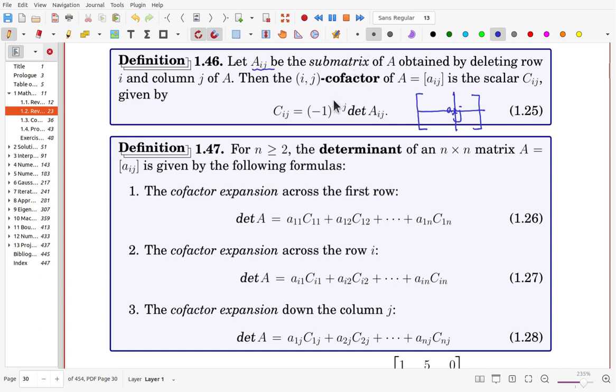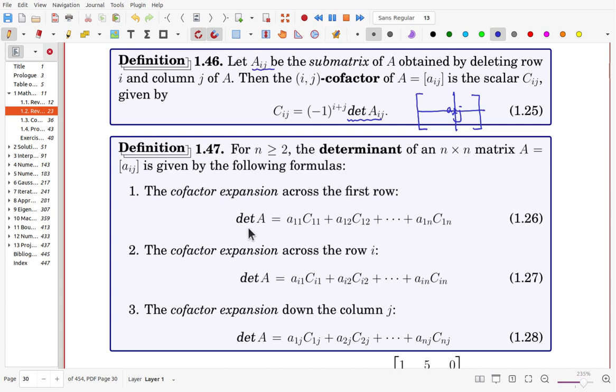And the cofactor is defined in this way: for the Aij submatrix, we get the determinant, and multiply by -1 to the i plus j. That is the ij cofactor.